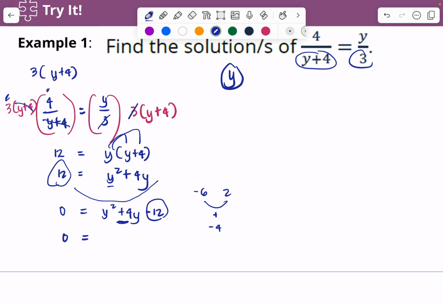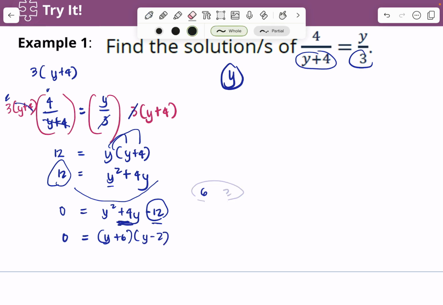We have here positive 4. So what will we do to have positive 4? So 6 will become positive, and let's have 2 as our negative 2. 6 times negative 2, that is negative 12. 6 plus negative 2, that will be, yes, positive 4. So we can use this for our factors. So we will have y plus 6 times y minus 2. So these are our factors.